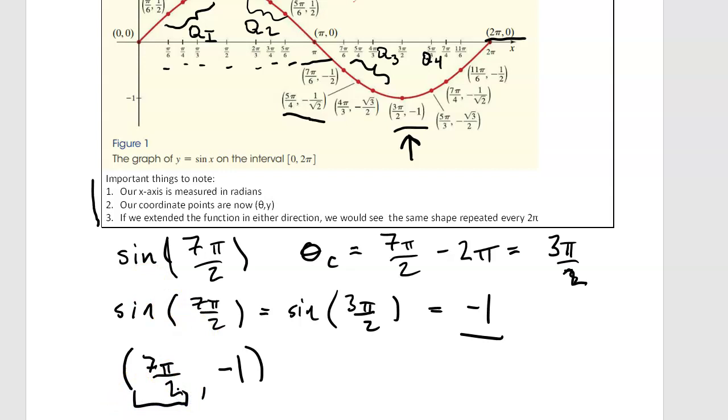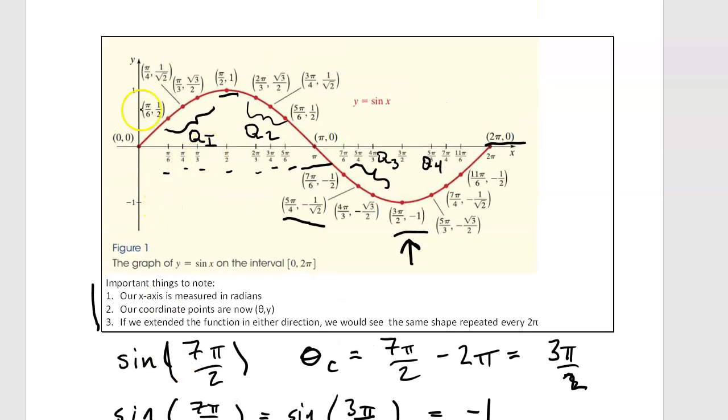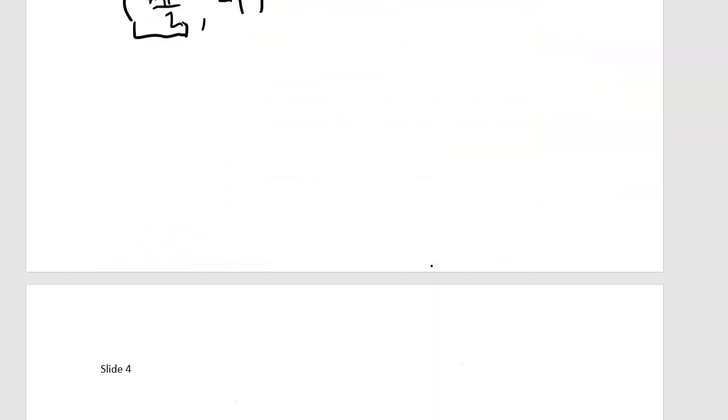And this will be the case for all of our angles forever, right? Any coterminal angle will have the same output as its least non-negative coterminal angle. So this pattern will keep repeating every 2 pi, because every 2 pi you get a new coterminal angle to this original sine graph right here. So that's why it repeats in either direction.